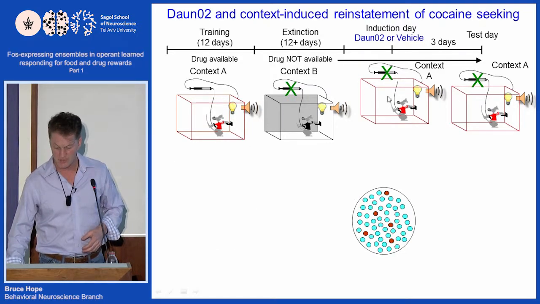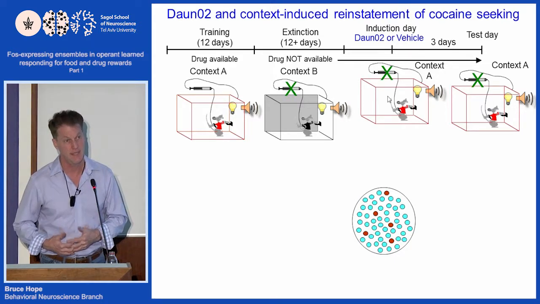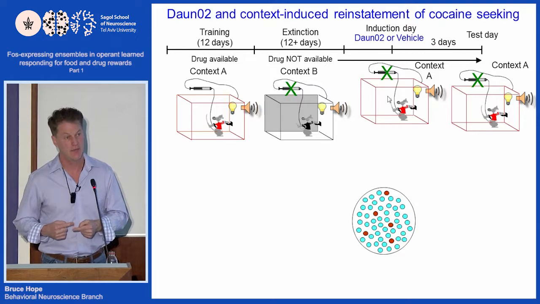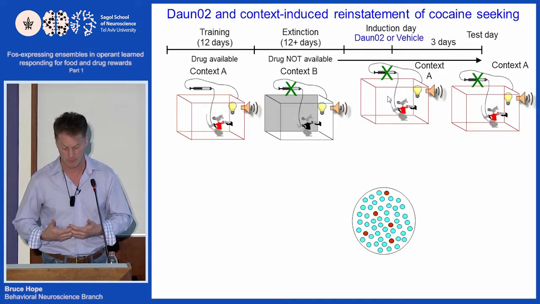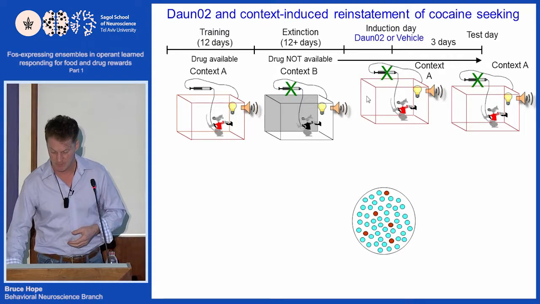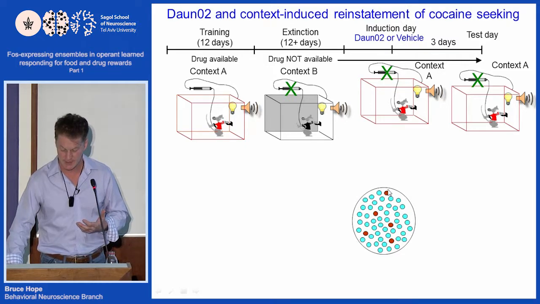And then we have what was called induction day. This shows up a lot. What you're trying to do on induction day is reactivate that same pattern of neurons, that same ensemble that is turned on during a recall of that memory. In this case, we placed them in context A. What happens is that a particular pattern of neurons induces Fos and beta-galactosidase.